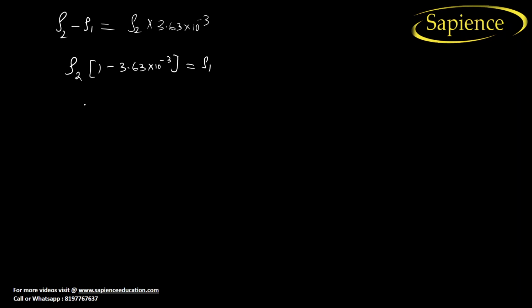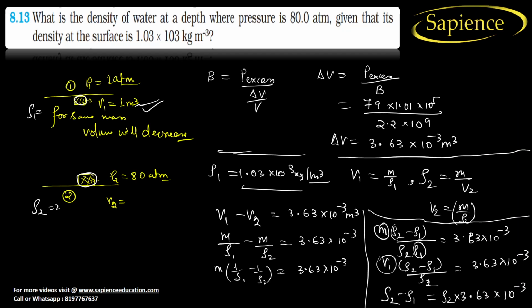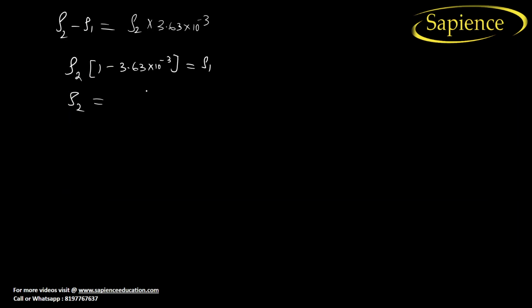So rho 2 is equal to rho 1, 1.03 into 10 to the power 3, divided by 1 minus 3.63 into 10 to the power minus 3. If you calculate this, you will get rho 2 is equal to 1.034 into 10 to the power 3 kg per meter cube.